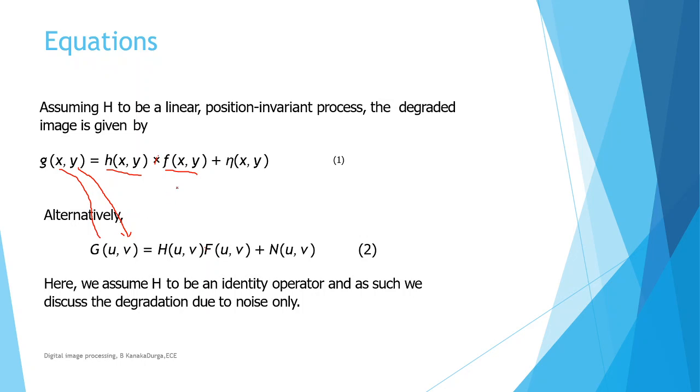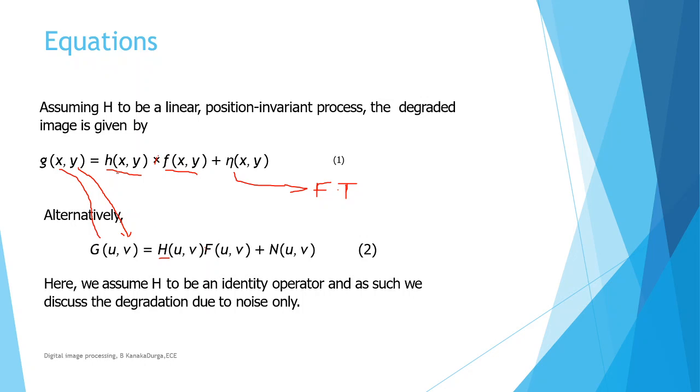What we are doing mainly is converting this equation into the frequency domain, either by applying the Fourier series or the Fourier transform. I am assuming that I am applying the Fourier transform on the equation. We have to remember that h is the degradation function.